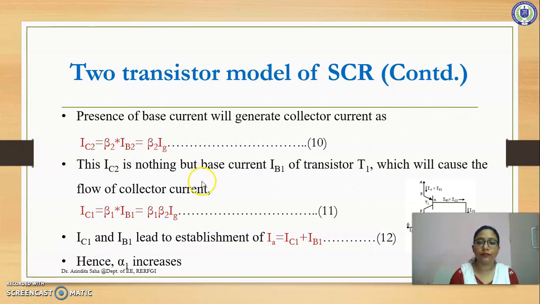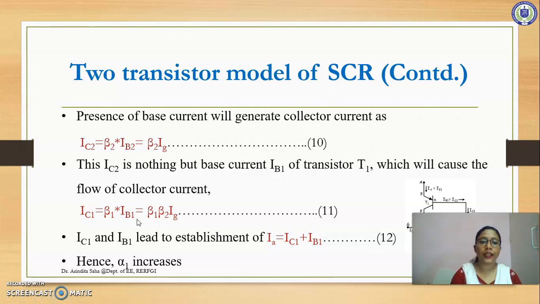Now we can write IC2 is equal to beta 2 into IB2, and we can replace IB2 by IG. So IC2 is equal to beta 2 into IG. Again, IC2 is nothing but the base current of T1, so as we know, IB1 is equal to IC2. So this will cause the flow of collector current as IC1 is equal to beta 1 into IB1.